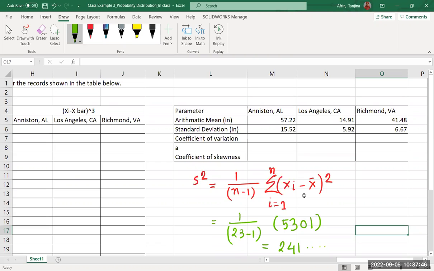We will wait a few more minutes maybe. Those who are done with the standard deviation, try to work on the coefficient of skewness. Oh, one more thing. Find out the coefficient of variation. CV equals S over X bar, right? Calculate that one.